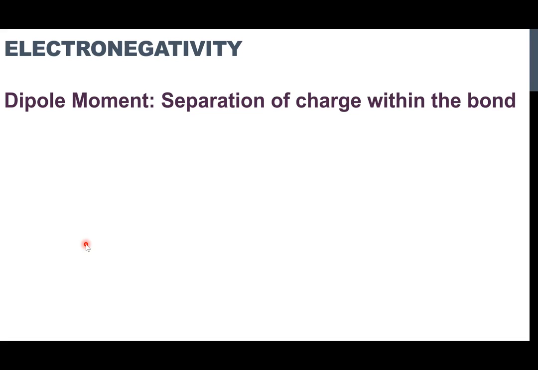So when there is an unequal sharing of electrons, when somebody's hogging the electrons and somebody's left without electrons, there's going to be a separation of charge, and we call this a dipole moment. So di meaning two poles. There's two poles in that molecule. So a dipole moment. There's a separation of charge, two different poles.